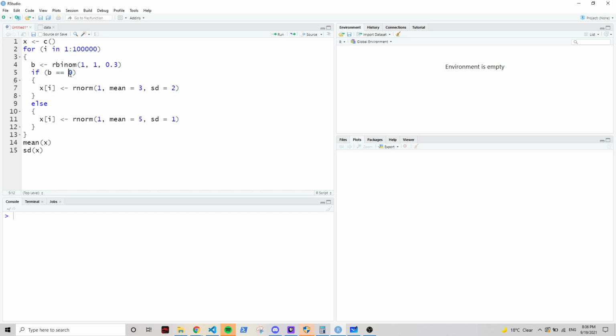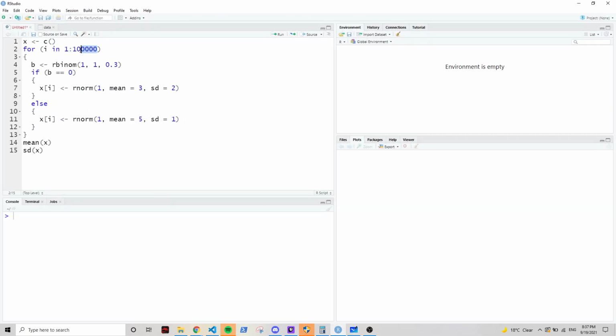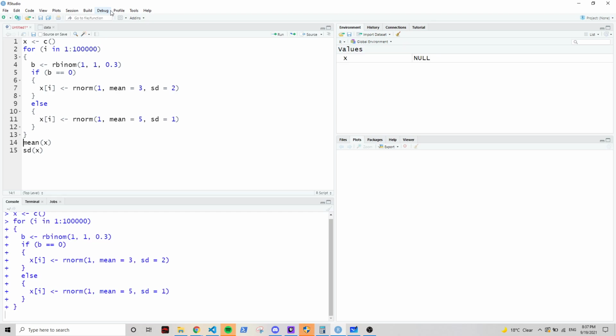And then if b equals 0, we pull a random normal variable with mean 3, standard deviation 2, and then if b equals 1, or in our derivation if theta equals 1, then we pull a different normal random variable with mean 5 and standard deviation 1. And then we compute the mean and standard deviation, these two statistics that we just computed. So we should expect around 3.6 and 1.985. And I'm running this for 100,000 simulations. That should be plenty. So let's go ahead and run that.